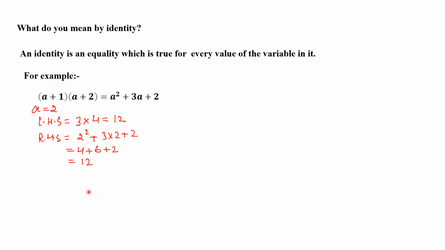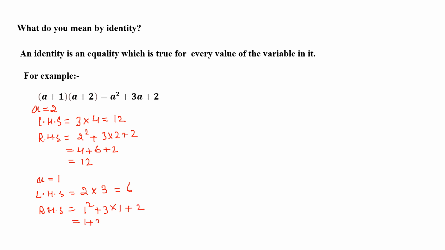Now I will take another value of a. So let me take the value of a as 1, and LHS will become 1 + 1 = 2 and 1 + 2 will give me 3. So it is 6, and RHS will be a², meaning 1² + 3 into 1 + 2.